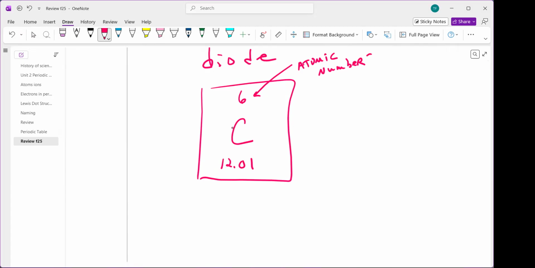And that's the same as the number of protons. Now, there are 3 subatomic particles: electrons, protons, neutrons. Protons have a charge of +1. Electrons have a charge of -1. And neutrons have no charge.